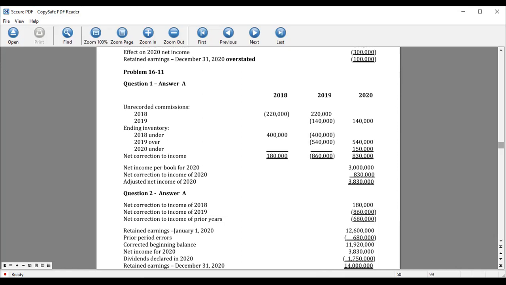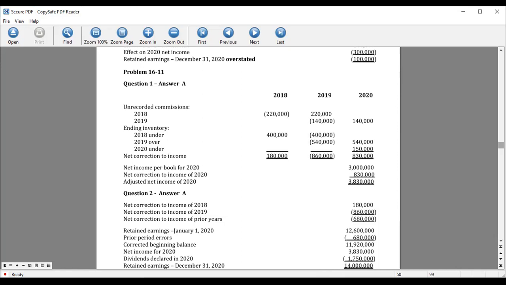So we have to deduct back the amount of 140,000. In each case, the sales commissions were paid and expensed in January of the following year.